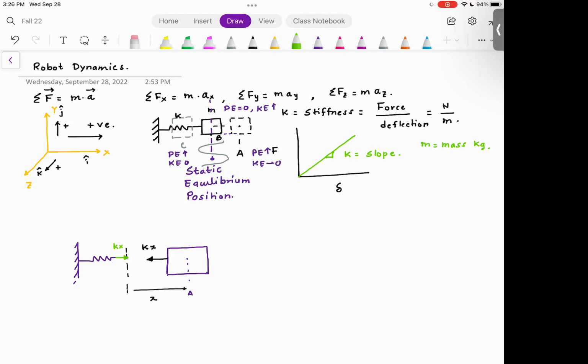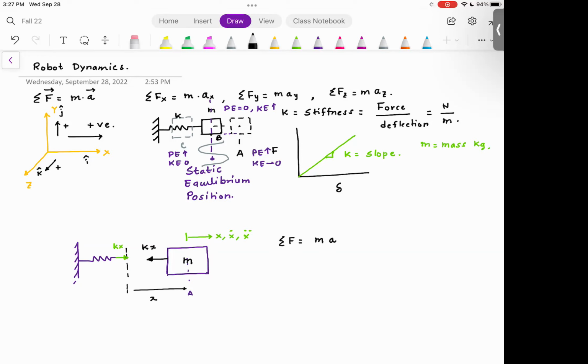Since the mass is moving towards the right-hand side, I'm going to take my velocity, displacement, and acceleration in this direction, going towards the right. Now this is my M. I'm going to apply summation of forces equals mass times acceleration.